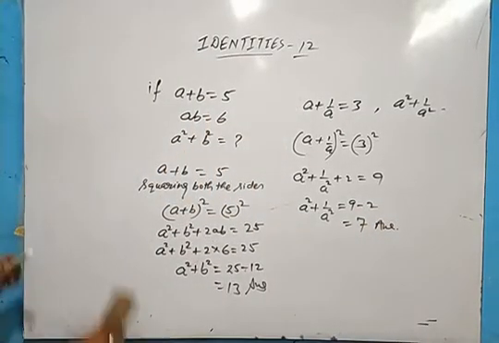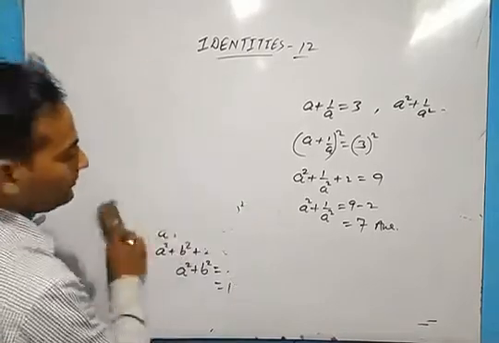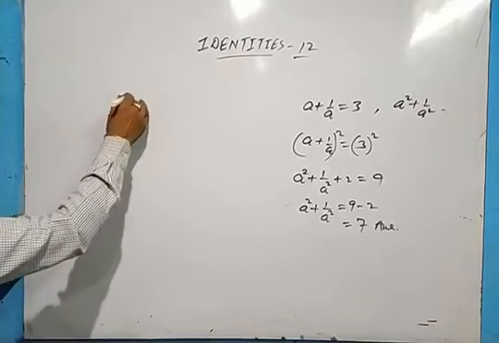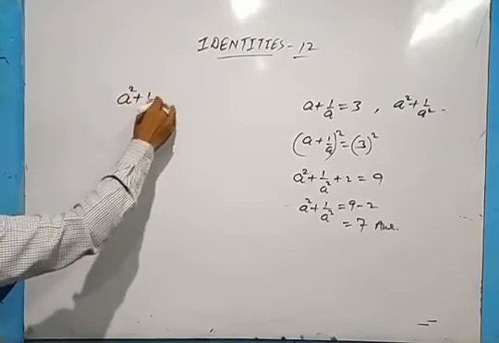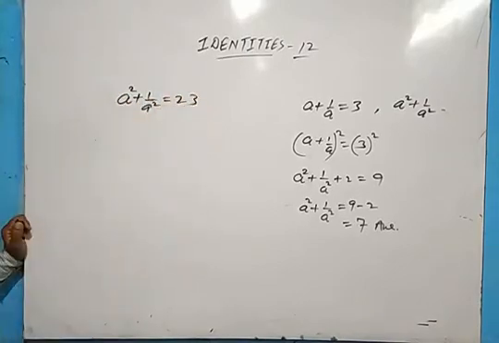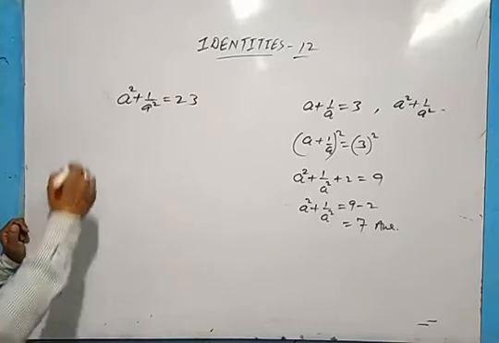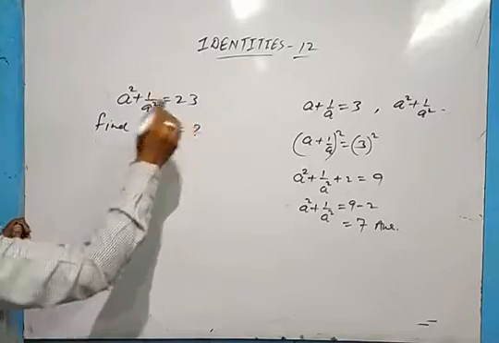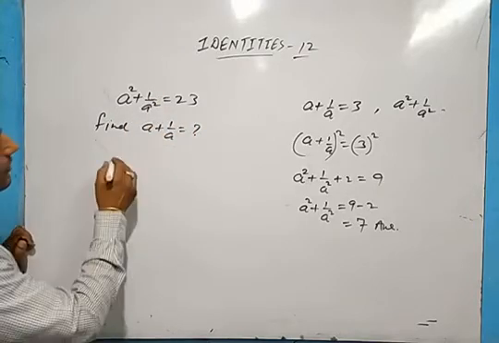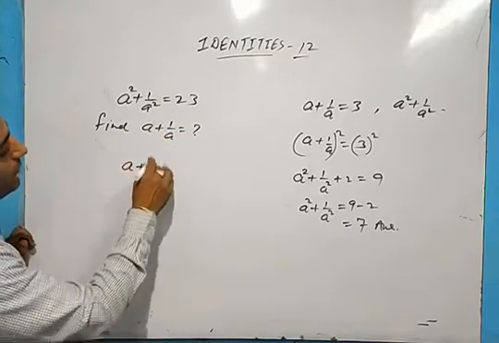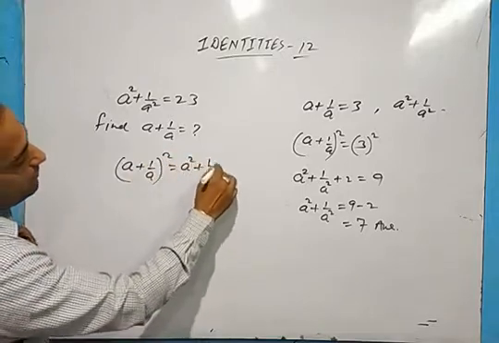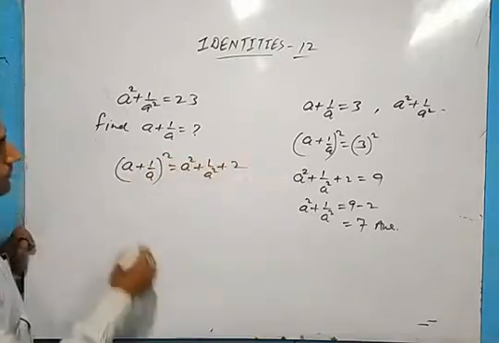Let us take one more example. Question is, a square plus 1/a square is given 23. We have to find a + 1/a. Now see, (a + 1/a) whole square is a square plus 1/a square plus 2.